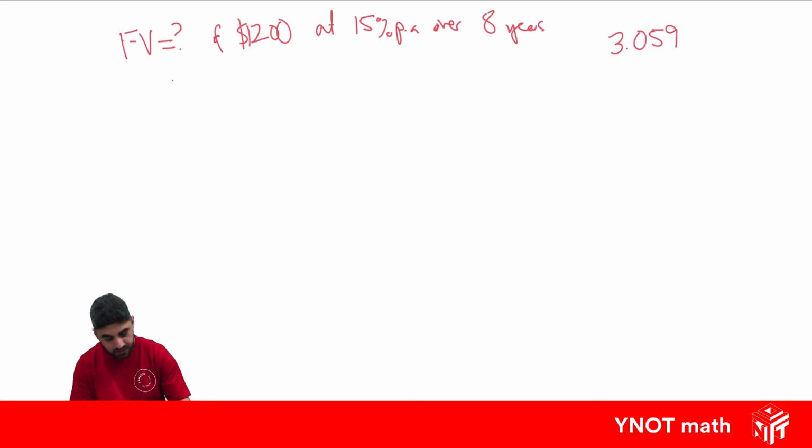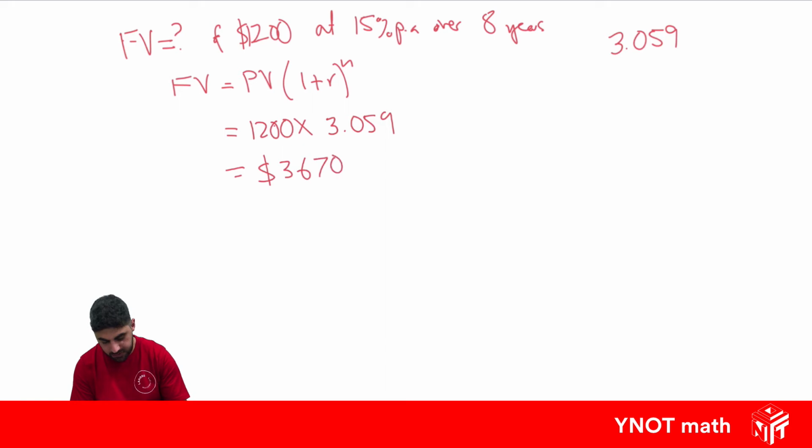And using our future value formula, we know future value equals present value, 1 plus r to the n, and the 3.059 was just this part here. So we can easily find our future value by taking our present value and timesing it by the value in the table. And if we do that, we get $3,670.80.